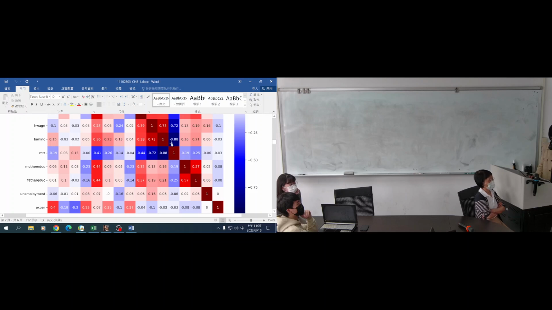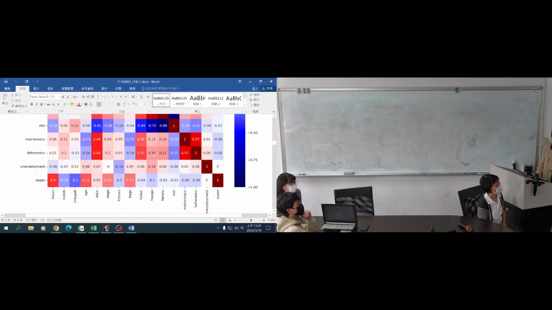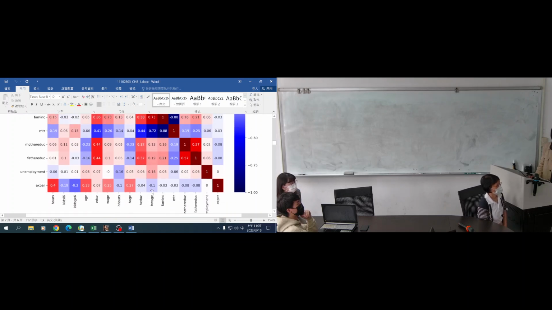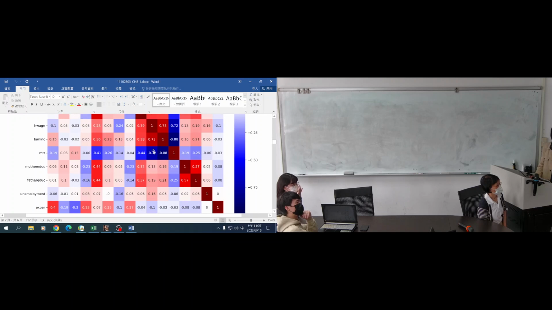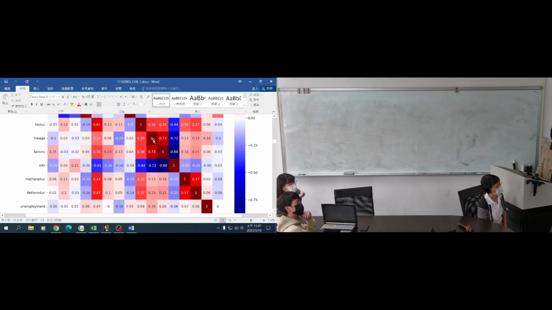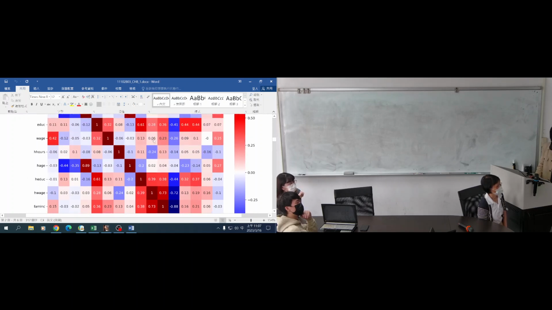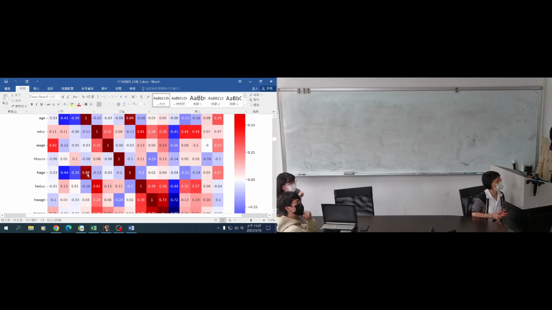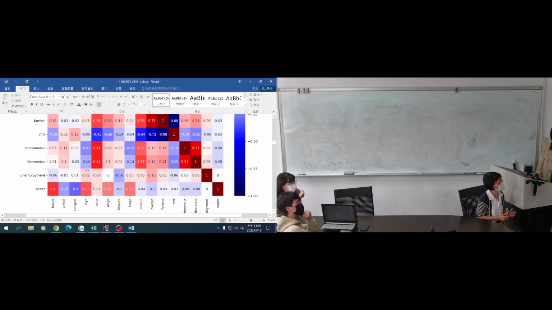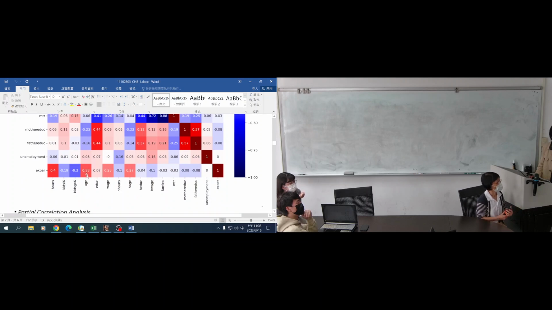That's a very high correlation that might hint at multicollinearity. Another one is 0.72, MTR with the husband wage, again with family income. We can also see 0.89 with husband age together with the age of the worker.